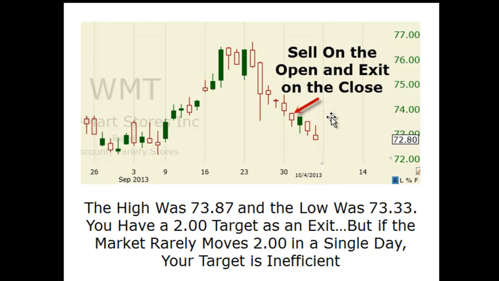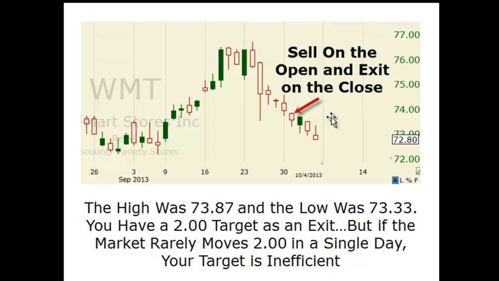So here's an example, and we'll just use a Walmart chart. This example is showing a strategy that sells on the open and exits on the close, and it's using a 2-point target. Now on this particular day where you see the arrow pointing, the high was 73.87 and the low was 73.33. As you can see, the 2-point target was not going to be hit on this particular day.